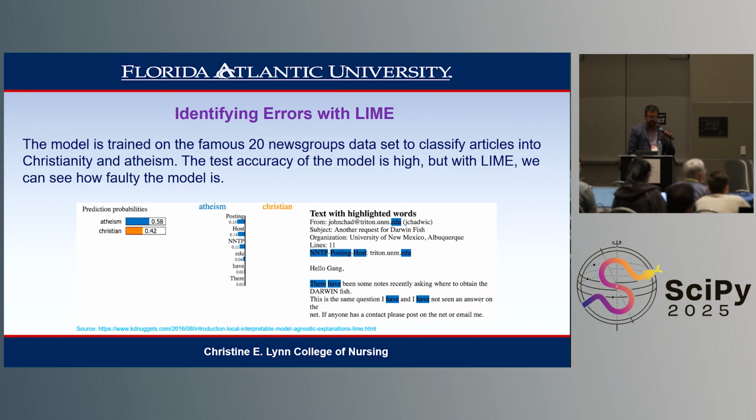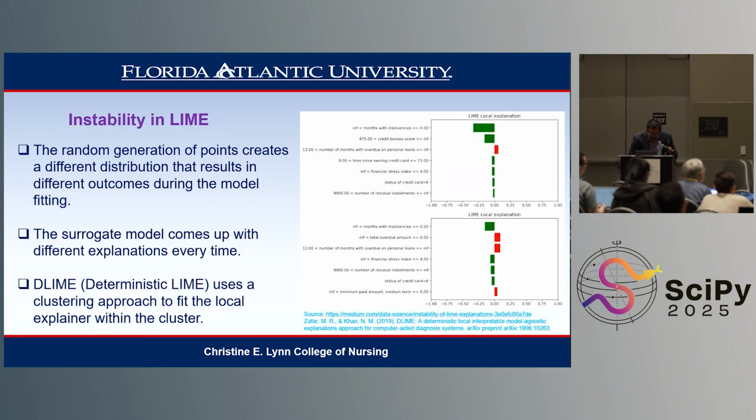Even though the classification is correct given the prediction over here, from the model explanation you can see that it's highlighting words that aren't even related to the model prediction, like .edu and .ntf. Those are the wrong reasons. This is also a downside that I'm trying to explain. Since LIME generates synthetic data, if you do it repetitively, there is a chance that you can get instability, as is shown over here.